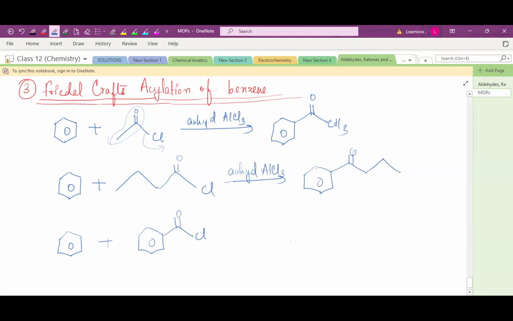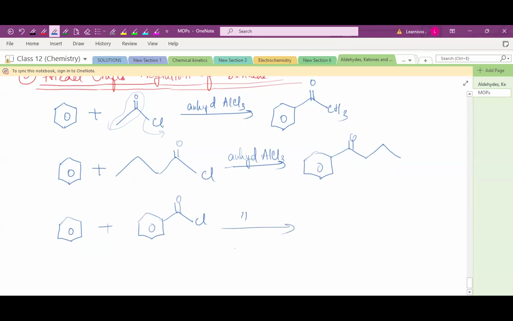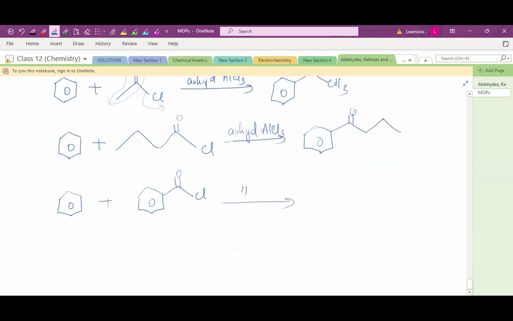And in this case, this is your acyl chloride, right? Benzene. Yeah, here aryl group is there, right? Benzene ring. So you will remove this one, and from here you will attach to this benzene. So you will get this one, two benzene rings, and in between CO group. Okay, so you will get this product.